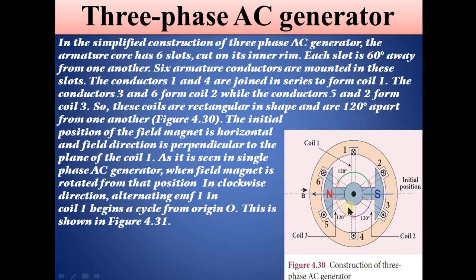The initial position of the field magnet is horizontal and the field direction is perpendicular to the plane of coil number 1. As seen in the single phase generator, when the field is rotated from that position in clockwise direction, alternating EMF 1 in coil 1 begins a cycle from origin O. This is shown in figure 4.31.